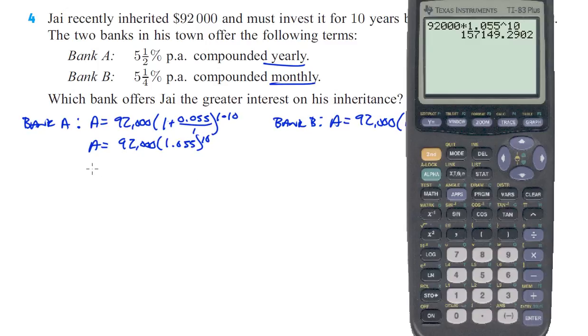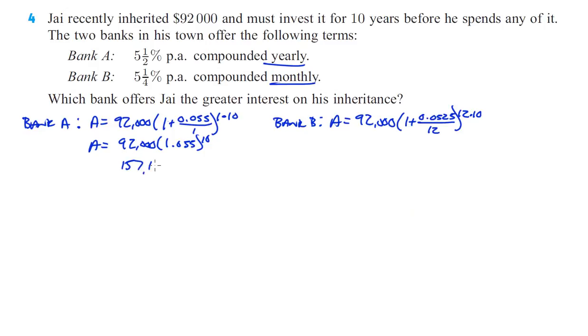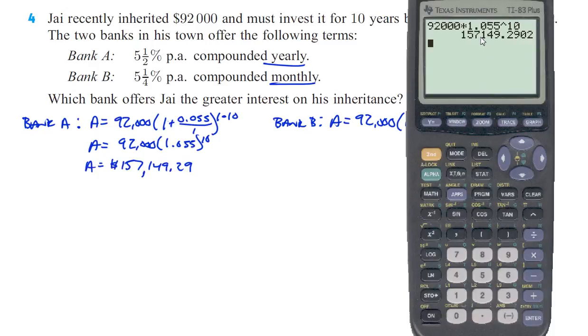Wow, that's a pretty good amount of money there. It ends up at 157,149.29. Right? Did I get that right? That's a lot of numbers to remember. 157,149.29. Okay, so that's how much you end up with in that option.